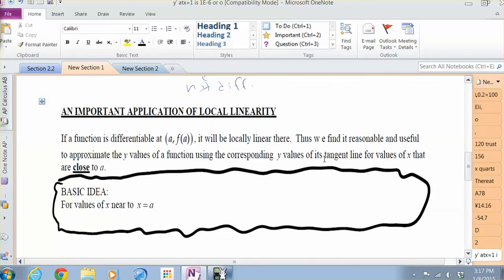So an important application about local linearity. If a function is differentiable at a certain point, it will be locally linear there. Thus, we find it reasonable and useful to approximate the y values of a function using the corresponding y values of its tangent line for values of x that are close to a.